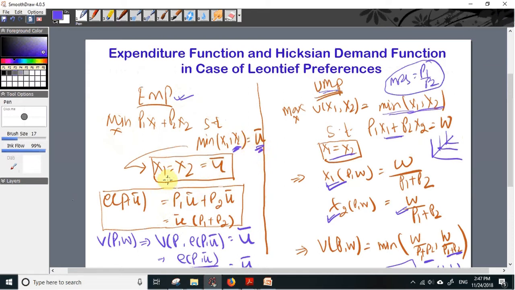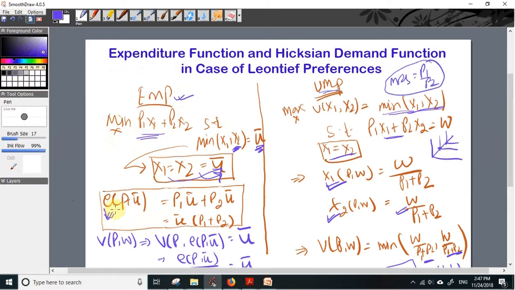So this gives us x1 is u bar and x2 is u bar, which are the compensated or the Hicksian demand functions for x1 and x2. Now we substitute these values of x1 and x2 in the expenditure function.